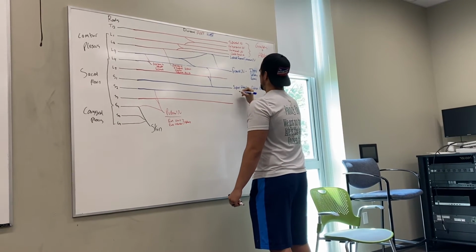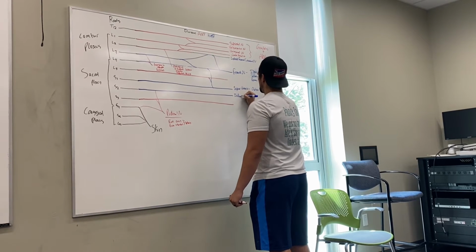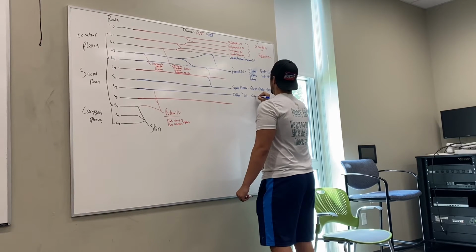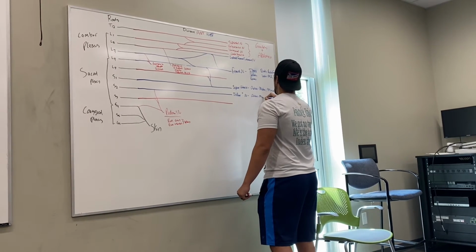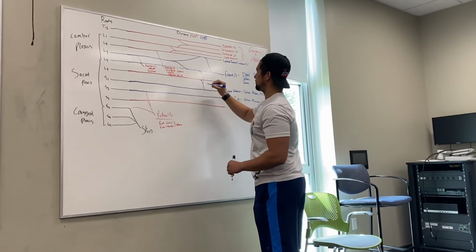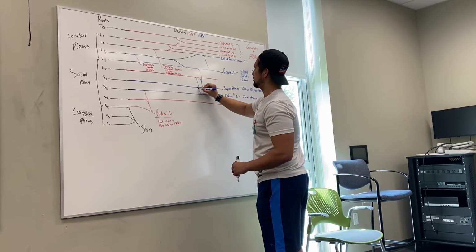Then we also have the inferior gluteal nerve innervating the gluteus maximus. And that gets from L5, S1, feeding into S2.